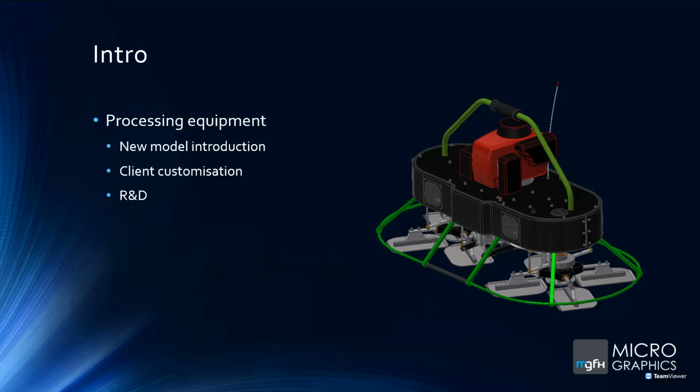Then moving on to that remote controlled concrete skimmer, we're looking at process equipment. You may be a company that designs equipment and you would sell hundreds of thousands of those units. And you might think, well, we're not customizing for every customer, but at some point in development, you're going to have to create a new model. You need to introduce new models.